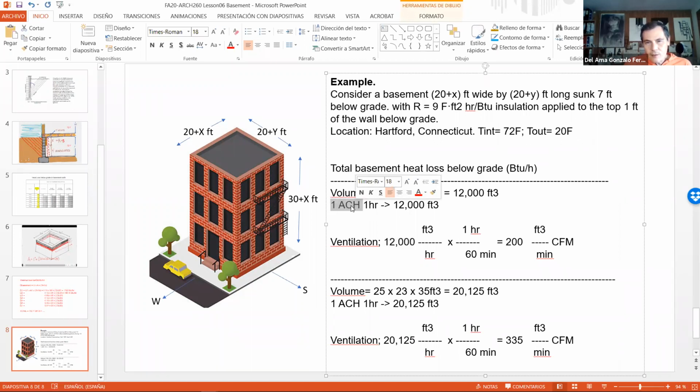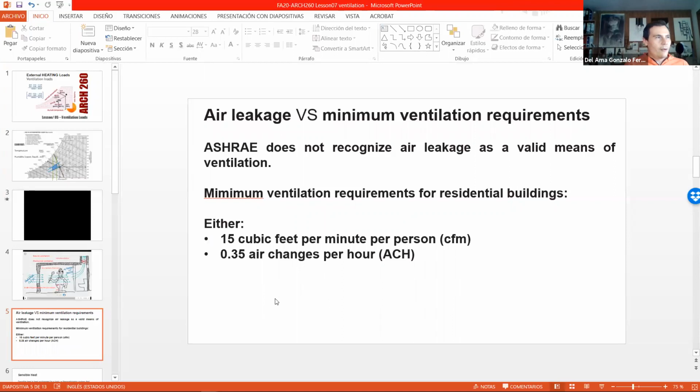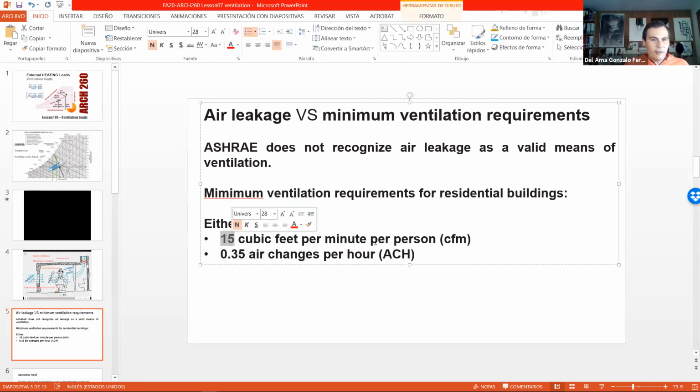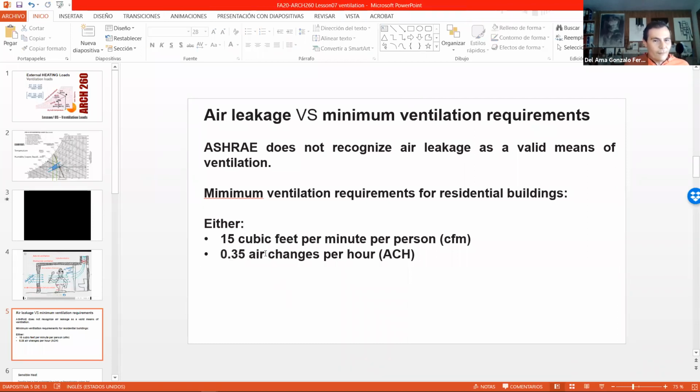That's the way we have to turn air changes per hour to CFM, or CFM to air changes per hour, because requirements might be in both units, depending on what code or regulation you are working with, or the state, or the use of the building. You might have the requirement in cubic feet per minute, or in air changes per hour. We have to get used to working with two magnitudes here.